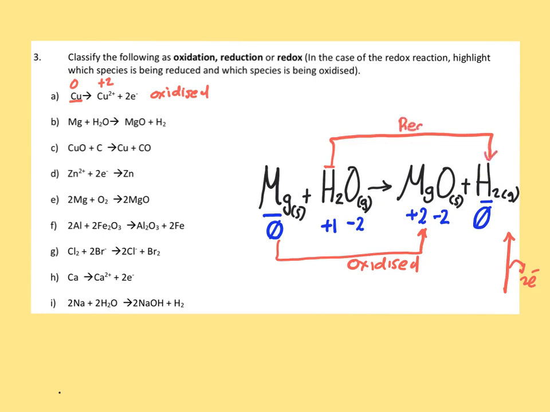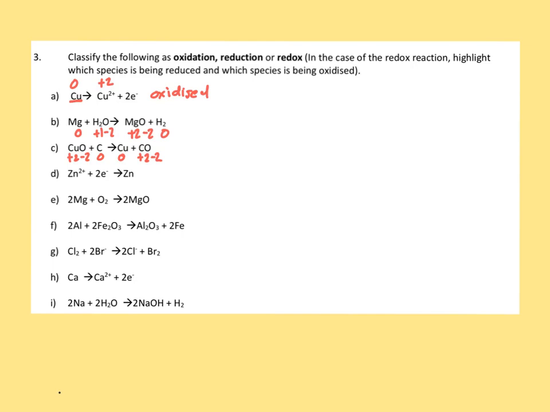It's become reduced because it's gone from +1 to 0, it's gone down the ladder, it's taken e's, and it's being reduced. Carry out the rest yourself and check your answers in the next part of the video.